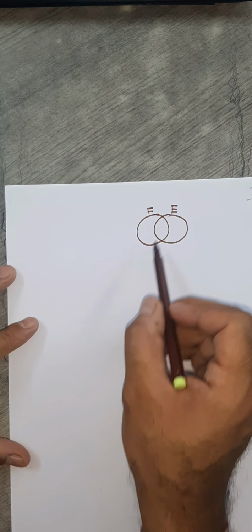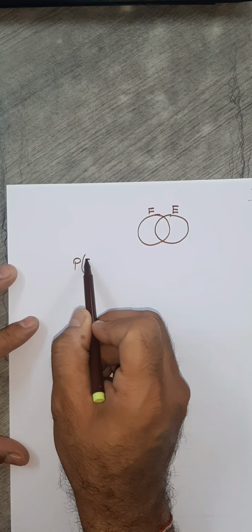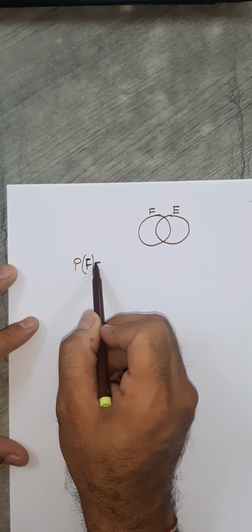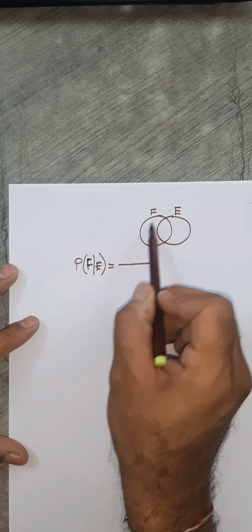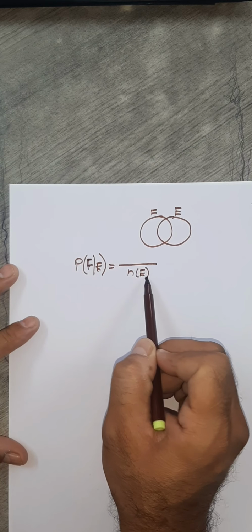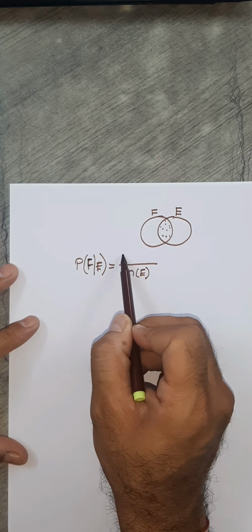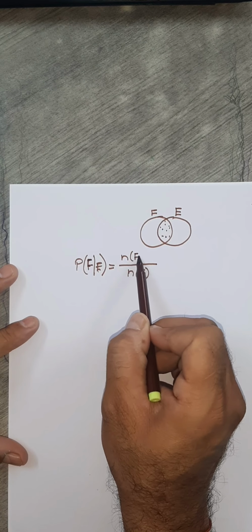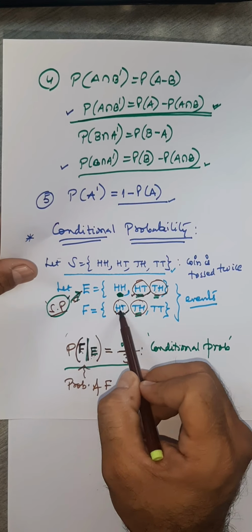So when you find the probability of F given the event E, what you need to do? You need to write the number of outcomes in the sample space E first. So n of E. And then you are going to choose common. Common means number of elements in F intersection E. You see, I've chosen the common. What are the common here? These two.